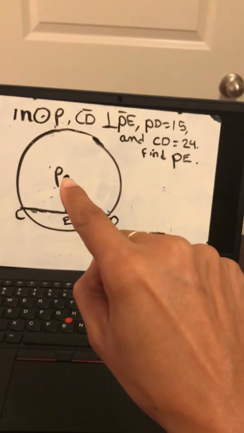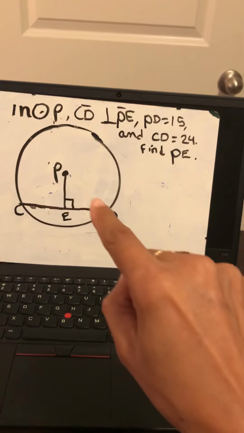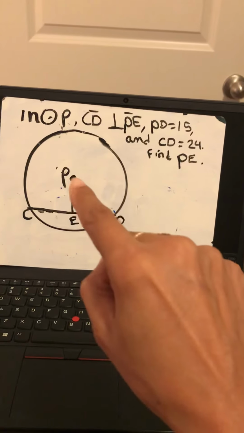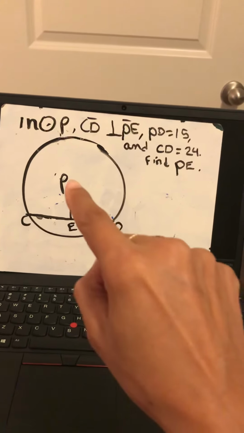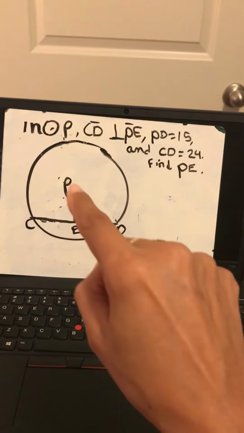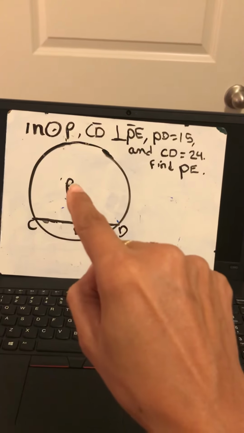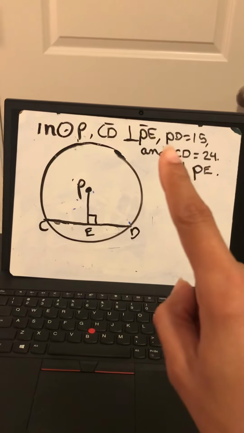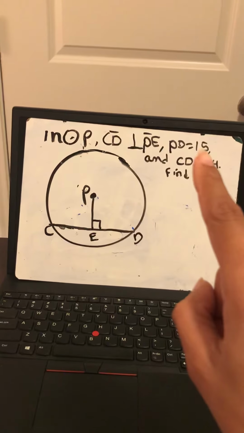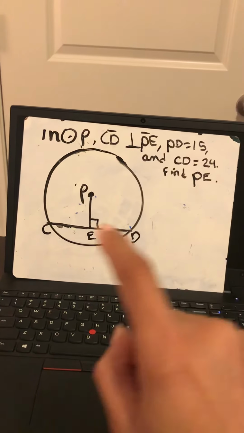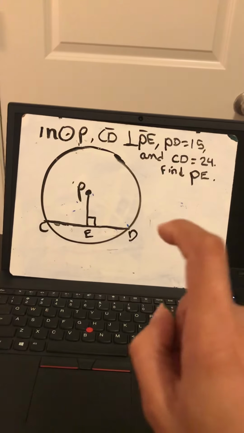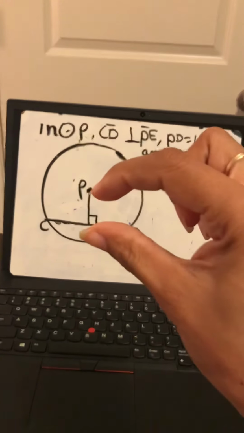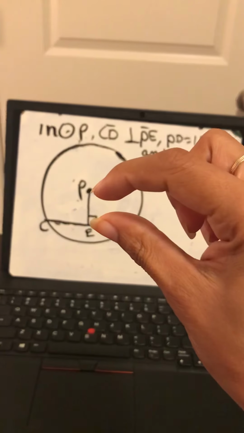They didn't draw it, but you can draw it here, from P to D. It's a fact that this will be your radius. As long as it goes from the center to the circle, that is your radius. So they're giving us the radius, which is PD, and that equals 15. And then CD is 24. Find PE, which will be this piece of a line.